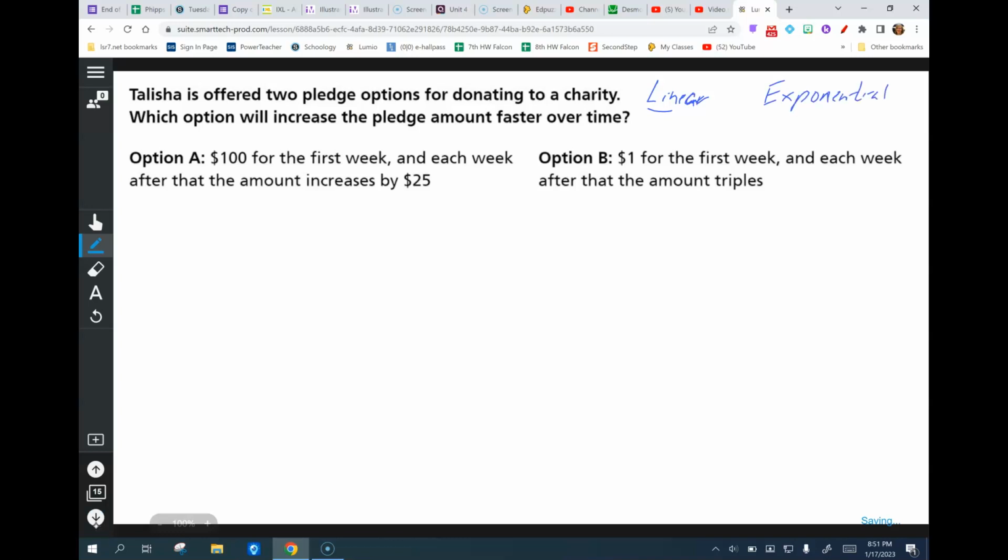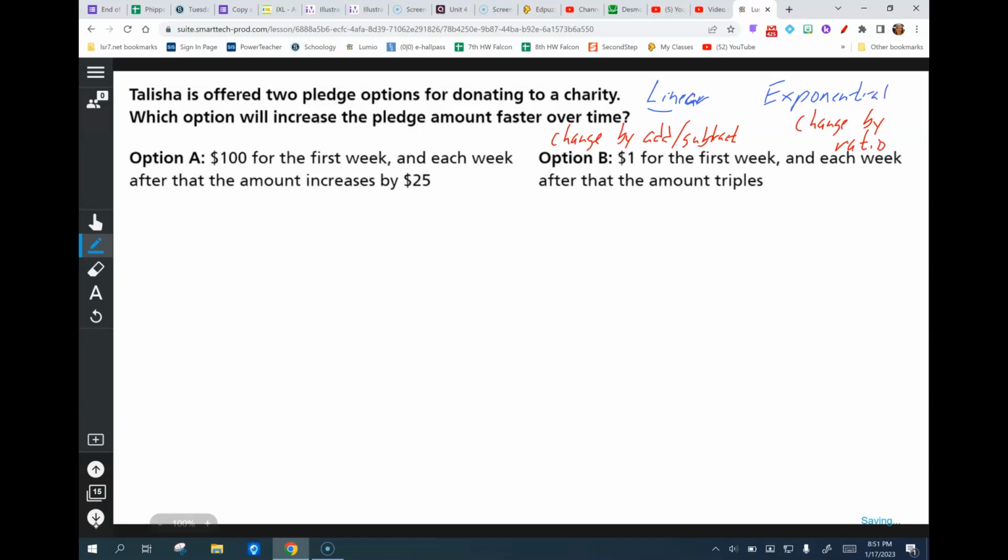Now the main difference is that a linear equation changes by addition or subtraction. It's going to be a constant that you add or subtract. Whereas an exponential is going to change by an exponent, so it's going to change by a ratio.